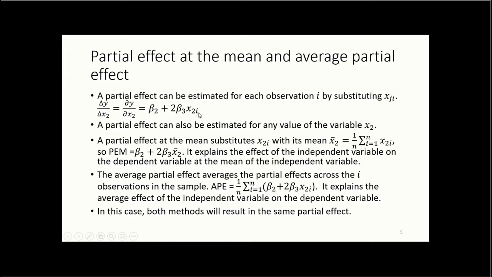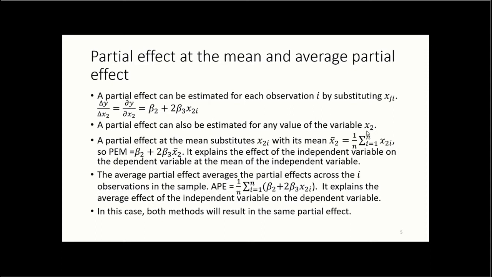So here we have n observations, and we can estimate n partial effects, one for each observation. A partial effect can also be estimated for any value of the variable x2, not just for the values that are in the sample.